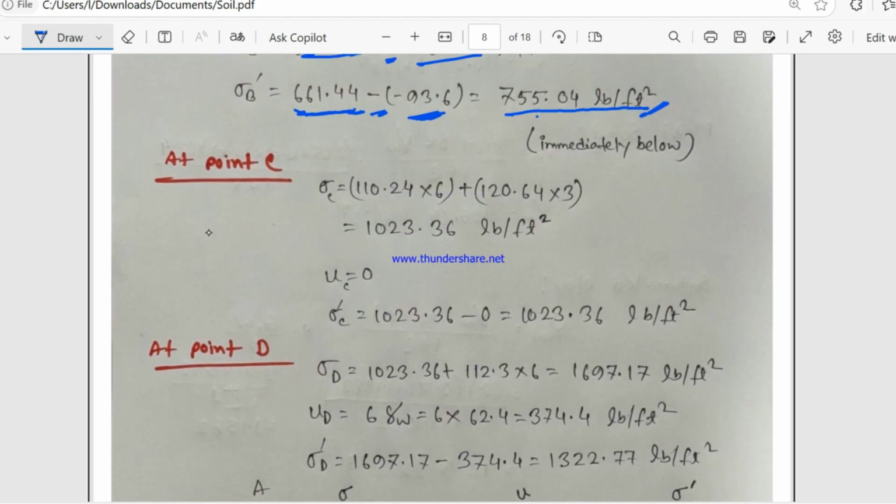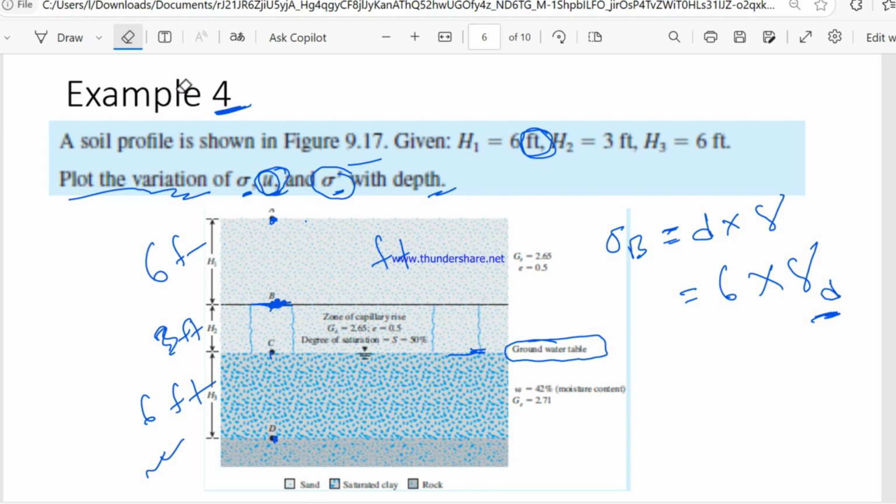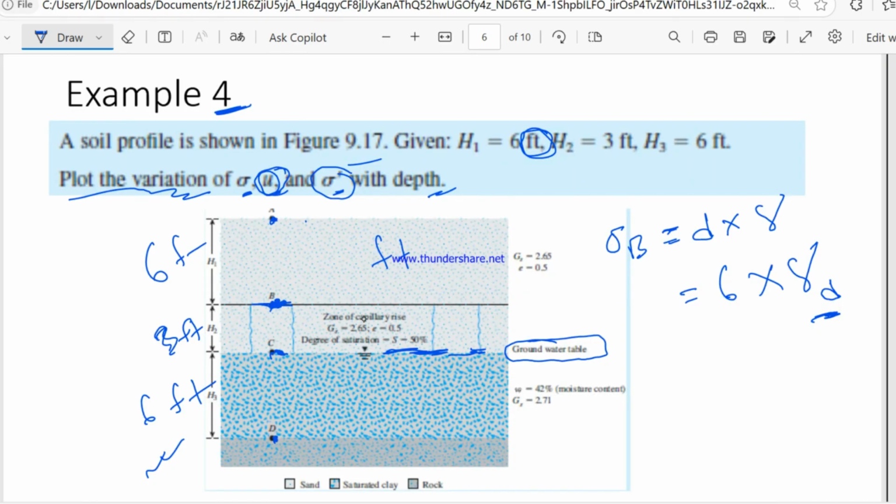Okay, let's calculate for point C, and this is the groundwater level. For point C, we know the total distance is this 6 and this 3 feet.